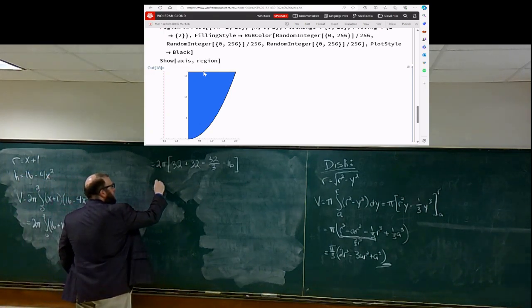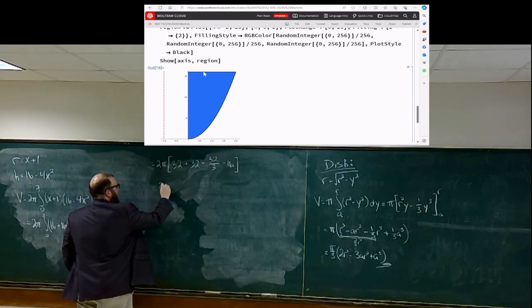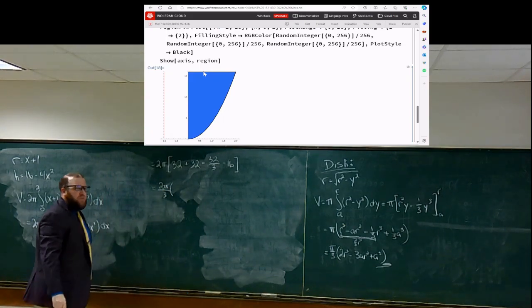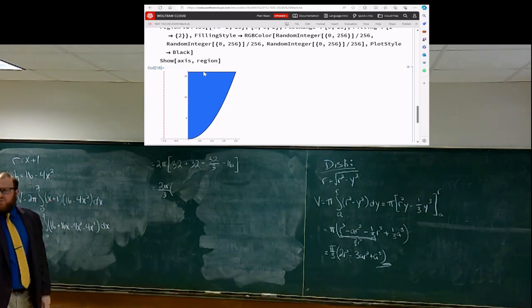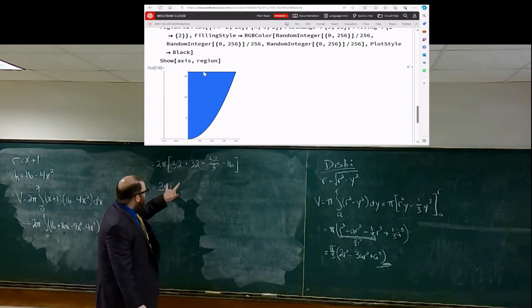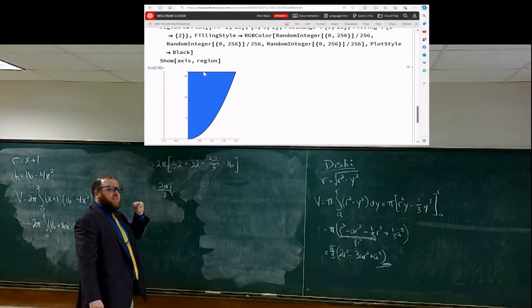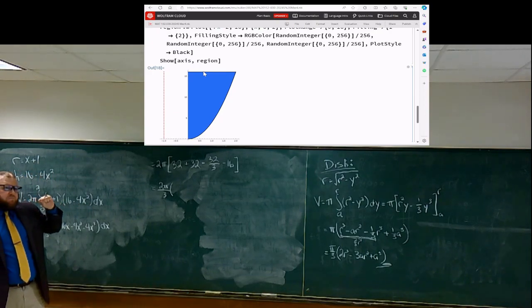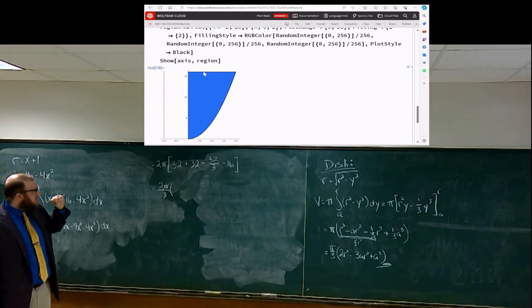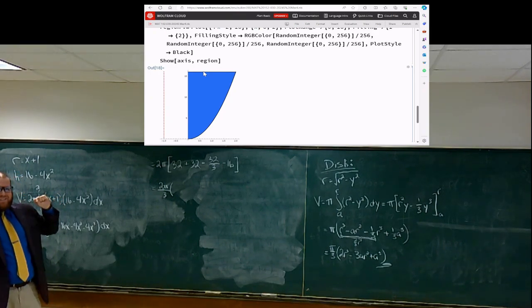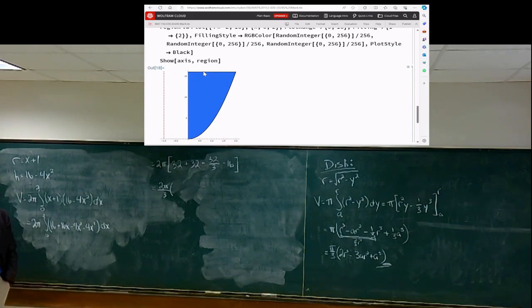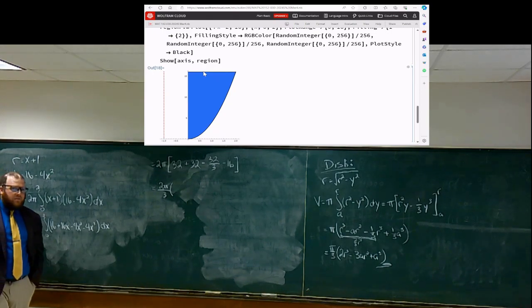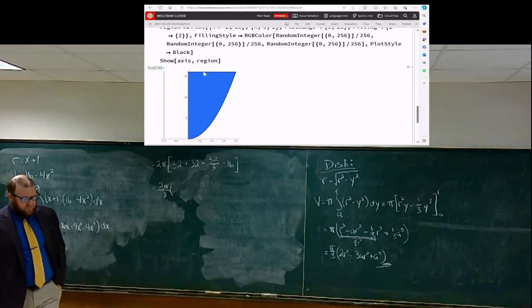So I'm going to do this. 2 pi over 3, I'm going to factor out a 1/3, because I have to do the common denominator anyway. First, I'm going to do 32 plus 32 minus 16, which is 32 plus 16, which is what? 48. Now, 48 times 3. 144. 144 minus 32. 112.